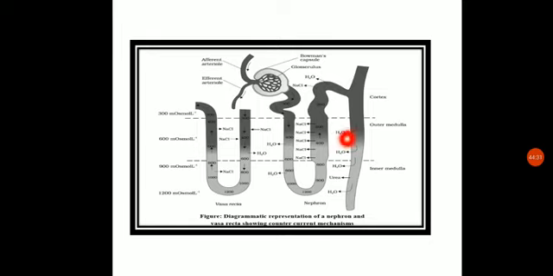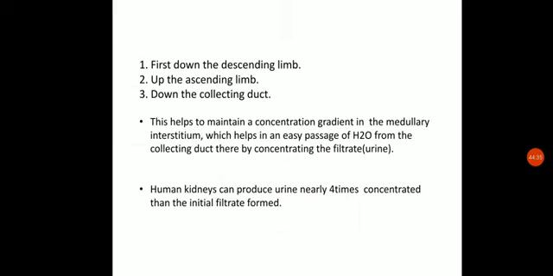Here you can see all this reabsorption. Now, the whole reabsorption basically takes place in 3 different phases. During the formation of urine, the filtrate will be moving through the medulla to the cortex.